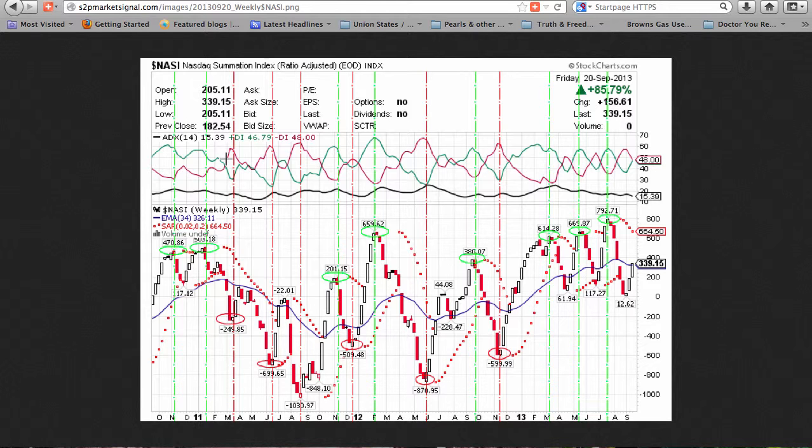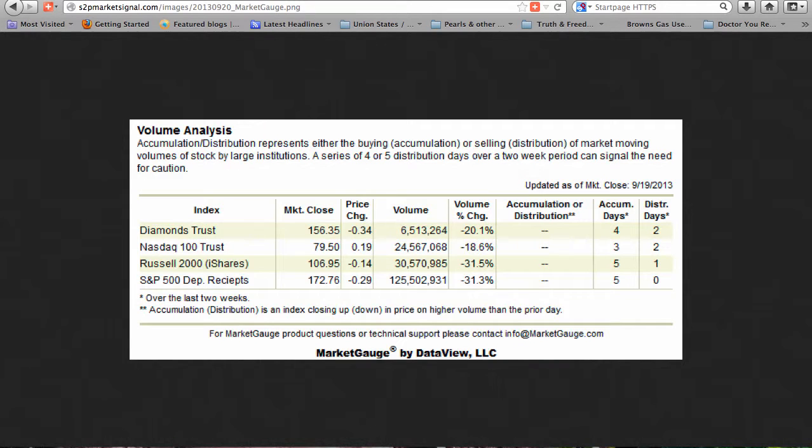Market Gauge Volume Analysis. In this week's volume analysis, the Russell 2000 ended in neither accumulation nor distribution mode. In the last 2 weeks, it had 5 accumulation days and 1 distribution day. Of the other indexes, both the S&P 500 Deposit Receipts and the Diamonds Trust ended in neither accumulation nor distribution mode.